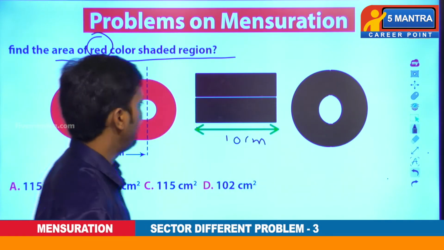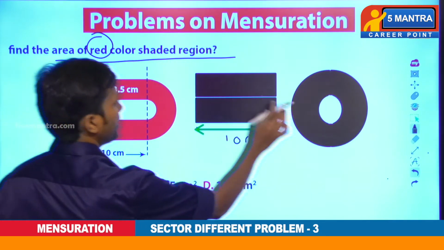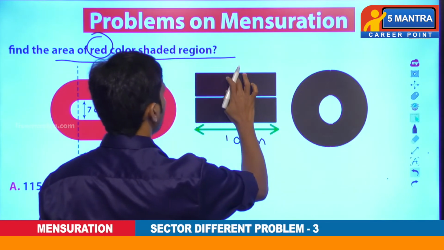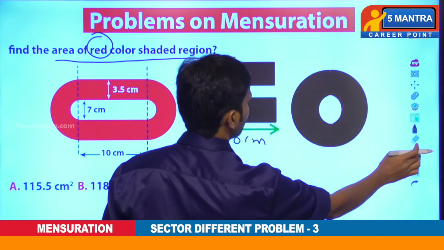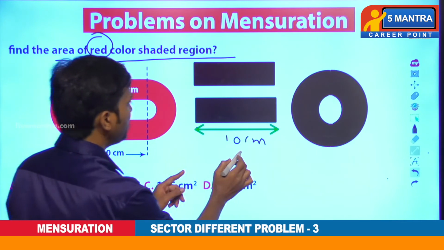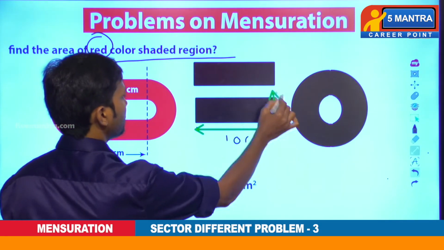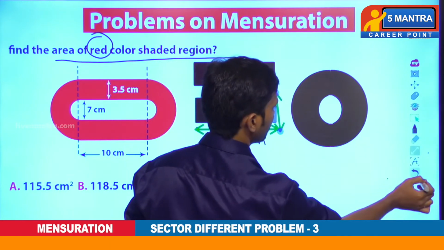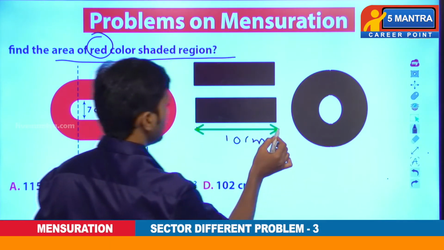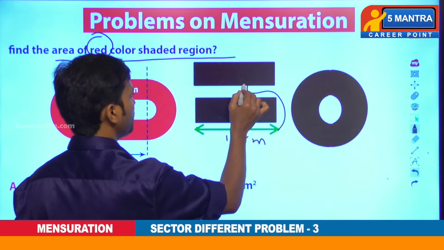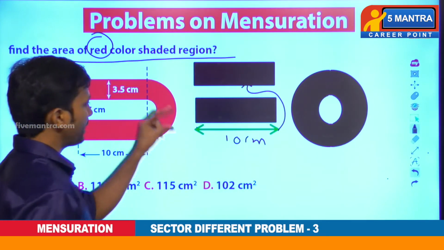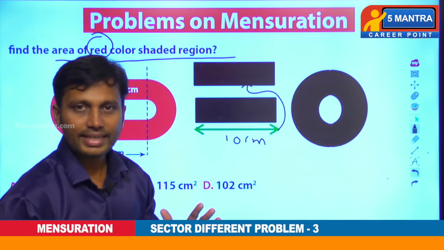Clear? Now, in each case, if this is 10, this also would be 10. Is that right or not? The same thing will happen to this also. Means these two rectangles are equal in their dimensions or not?